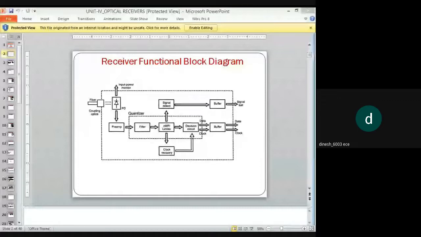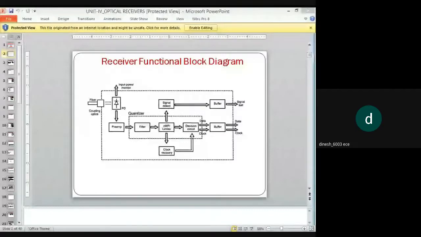Then we have a quantizer. This quantizer will do quantization based upon the sampling theorem. Then it is given to the filter.